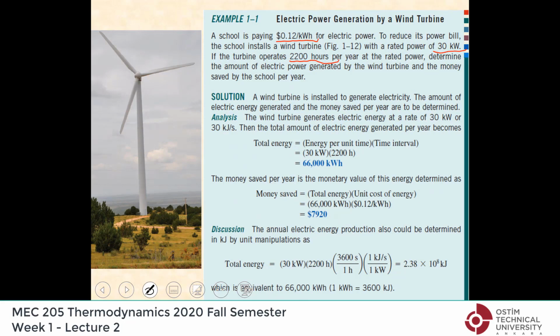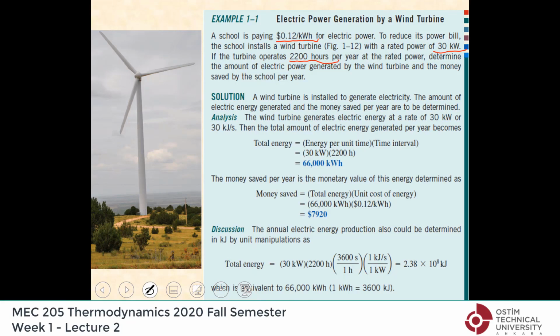Now the question is, how much money will the school save per year as a result of installing this wind turbine? Very nice, simple energy problem. Now we use logic here. See, we didn't use any formulas for the first law yet. Now what do we know?